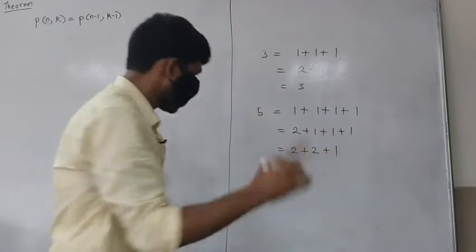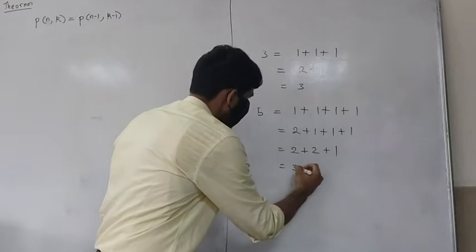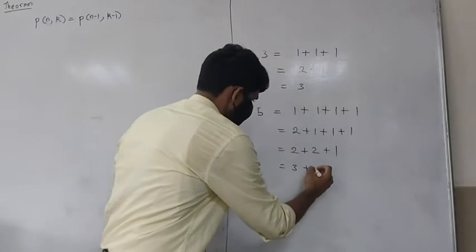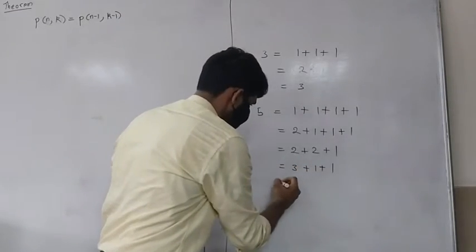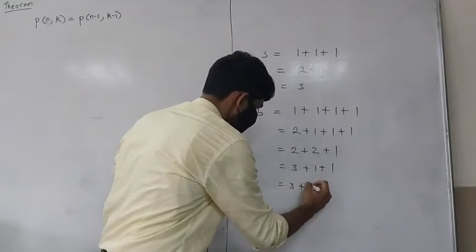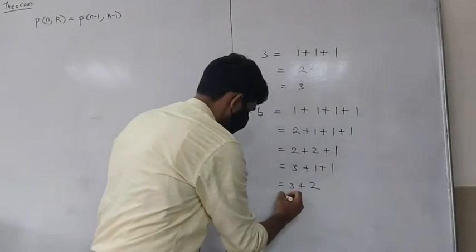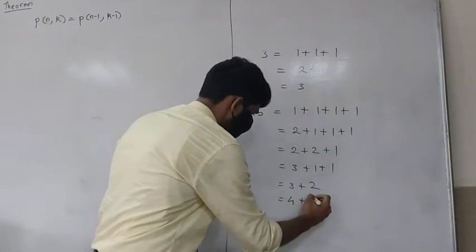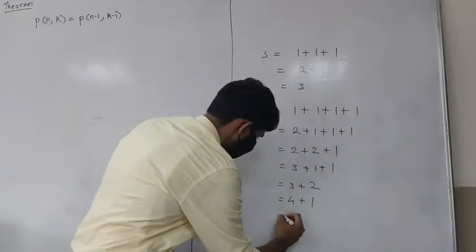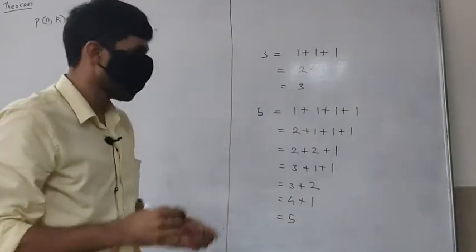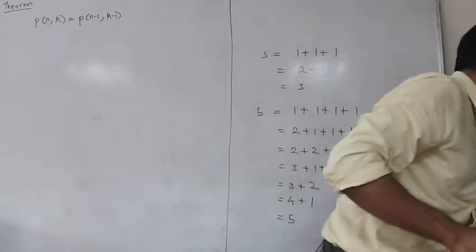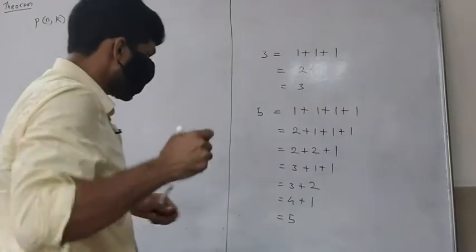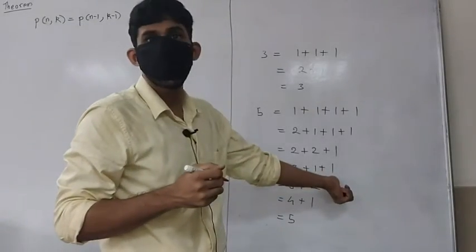Then starting with 3, you can have 3 plus 1 plus 1, or 3 plus 2. Then 4 plus 1, and 5. So there are two possibilities, as I said: either your smallest part is 1 or it is not 1.